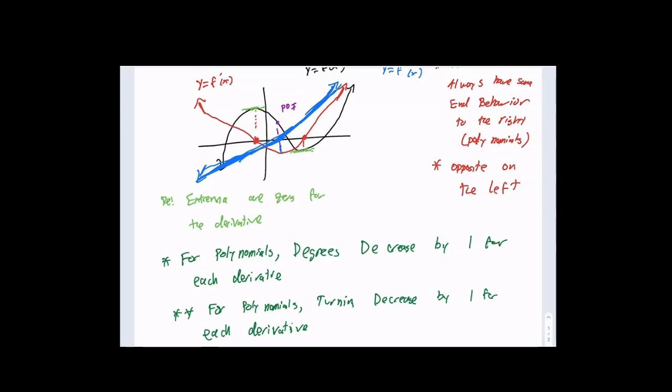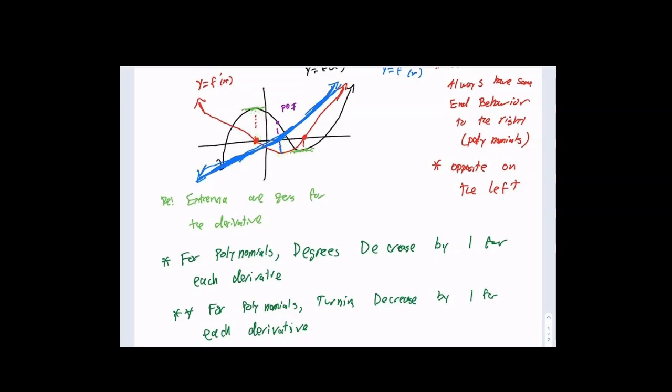Sometimes you're dealing with functions that are not polynomials. And when you're dealing with non-polynomial functions, then you really have to look at this idea of where there's an extrema, its derivative better be a 0. So you want to look at the relationship between extremas and zeros are the big keys.